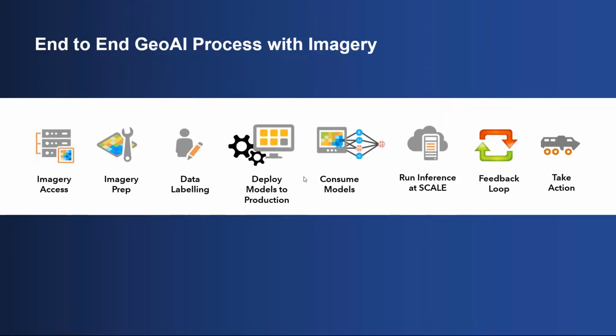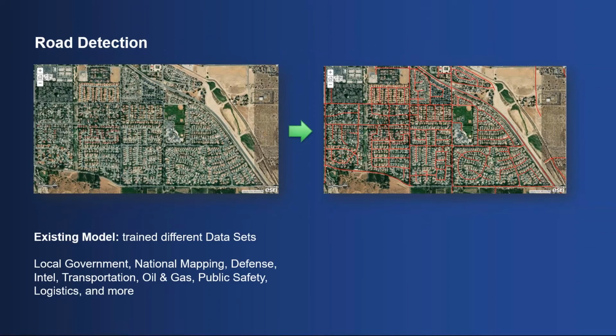Then we feed it into other open source deep learning neural network models that can do some of the training and the classification. At that step, it gets sent back to ArcGIS, where we can perform feature extraction, like the example you're seeing here, where we extracted road detection from imagery. And so we're just finishing up on feature extraction.